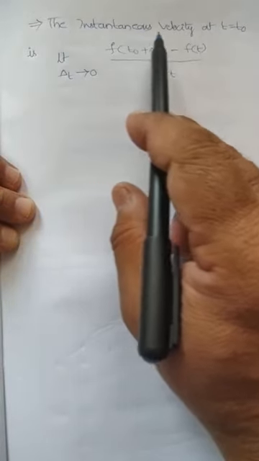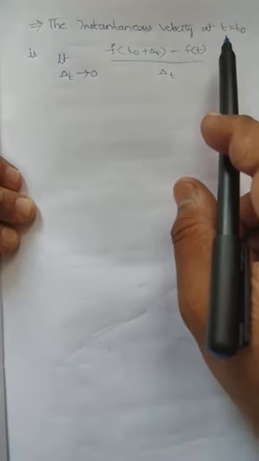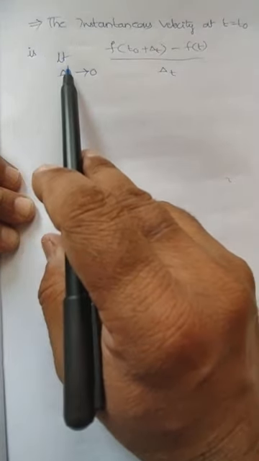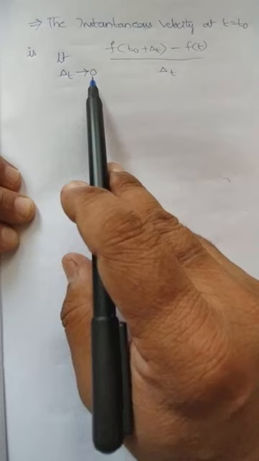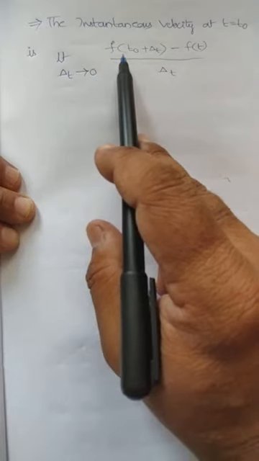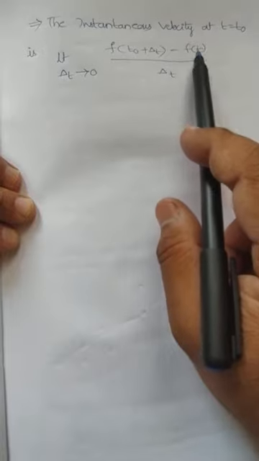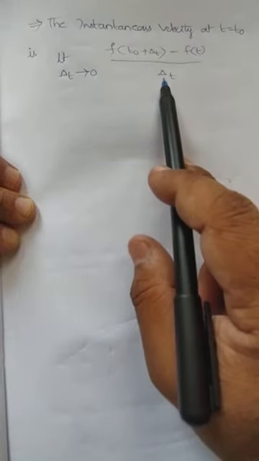That implies the instantaneous velocity at t equal to t naught is the limit as delta t tends to 0 of f of t naught plus delta t minus f of t naught by delta t.